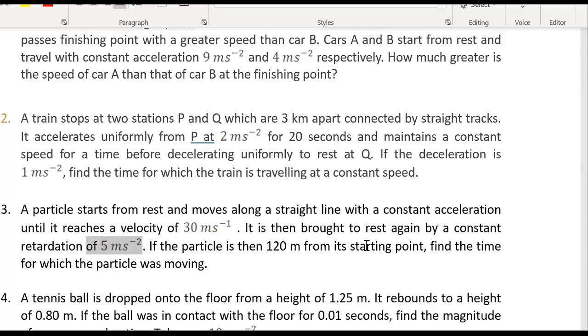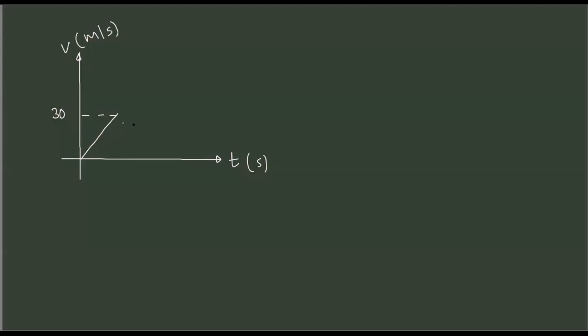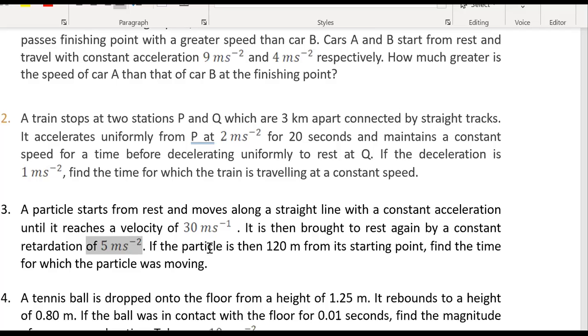It is then brought to rest again by constant retardation. Now, this is actually not practical, but let's say we are able to do that. So immediately you switch gears and retard. So you're brought to 0.